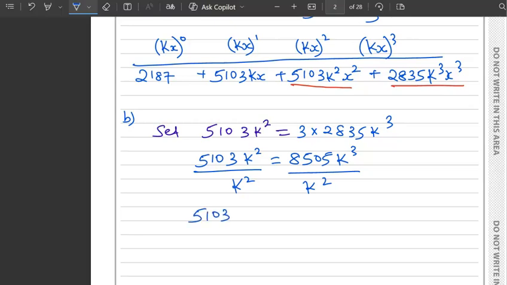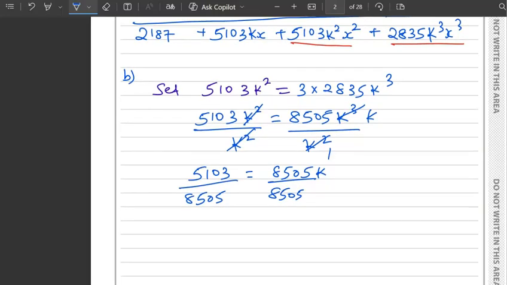Of course, k and k cancel, and k goes once here, k goes here k times, equals 8505k. So for us to get the value of k, we divide through by 8505.